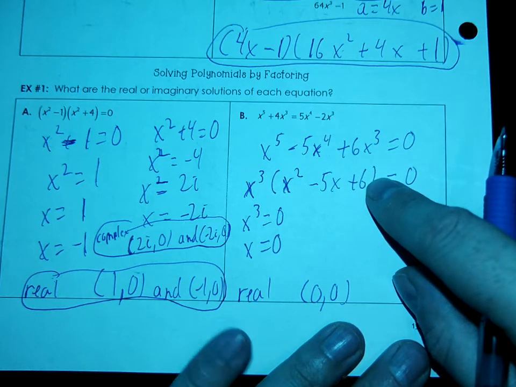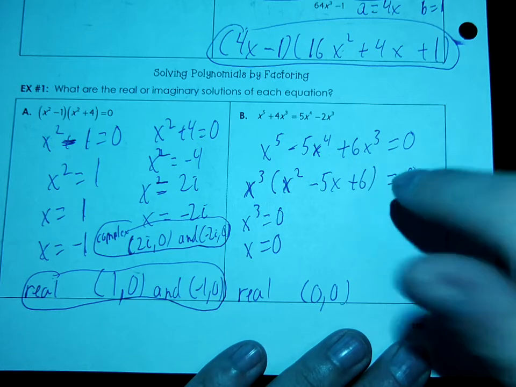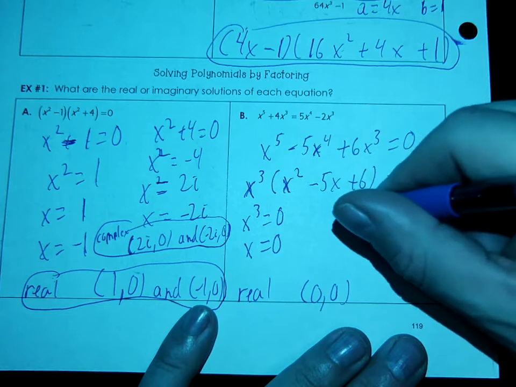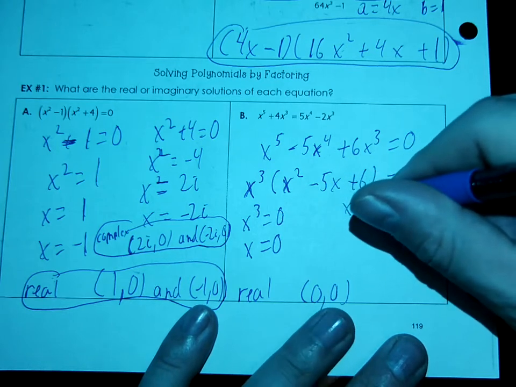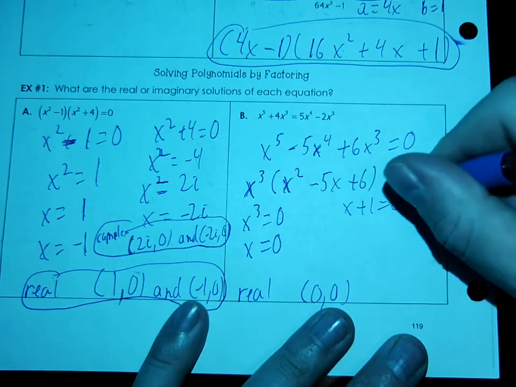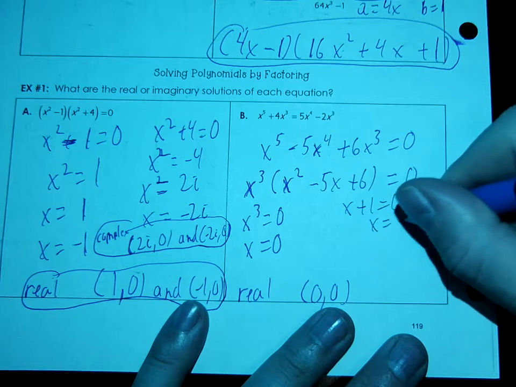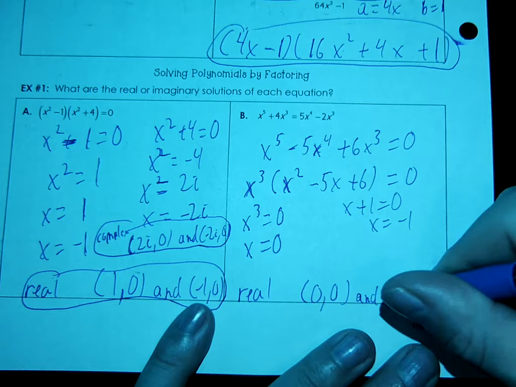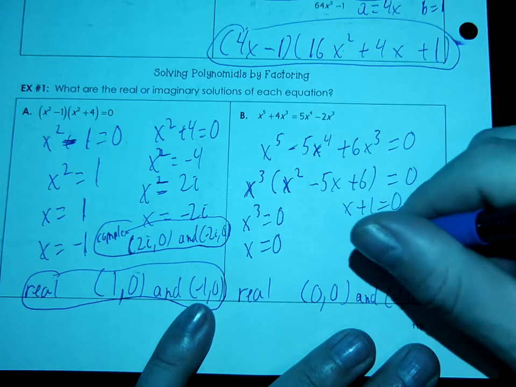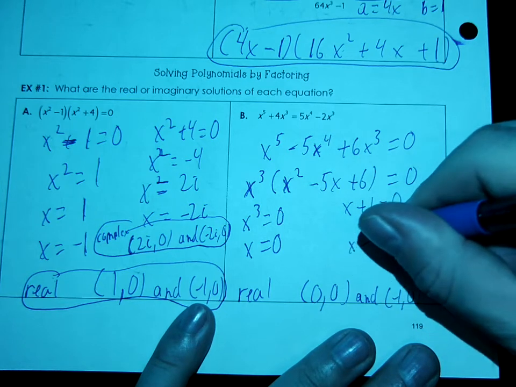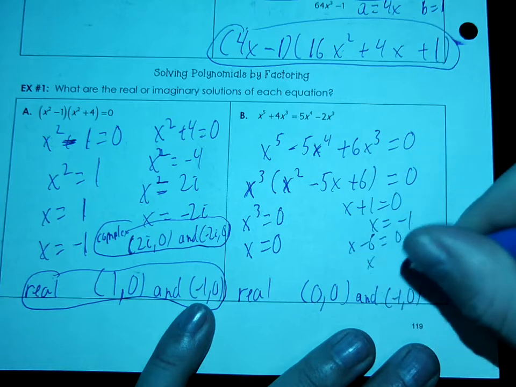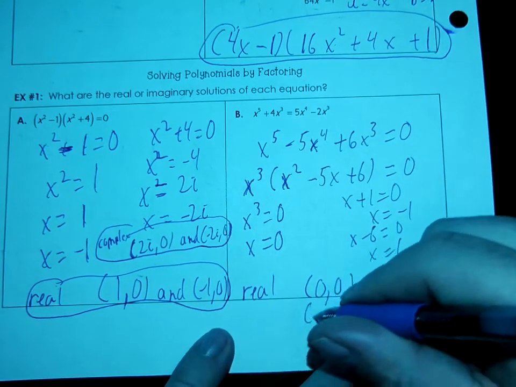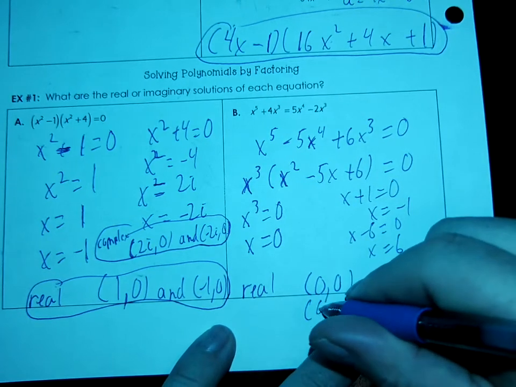If the 6 was negative, I could use negative 6 and positive 1 as my factors. So my other two factors here are going to be x plus 1 equals 0, which is x equals negative 1. So negative 1, 0. And then my final factor is x minus 6 equals 0. So x is equal to 6. So that's my final 0. 6, 0.